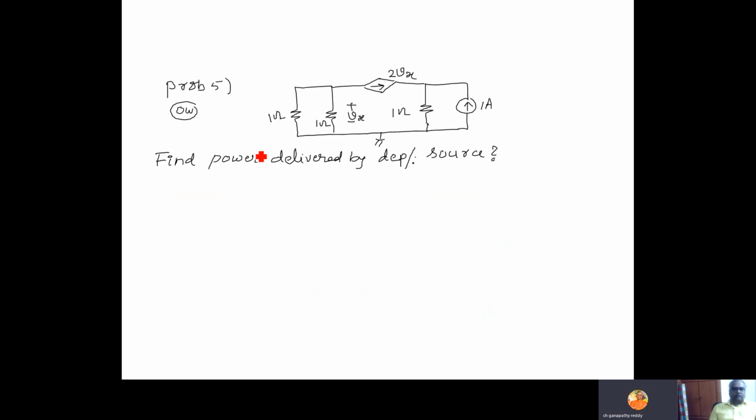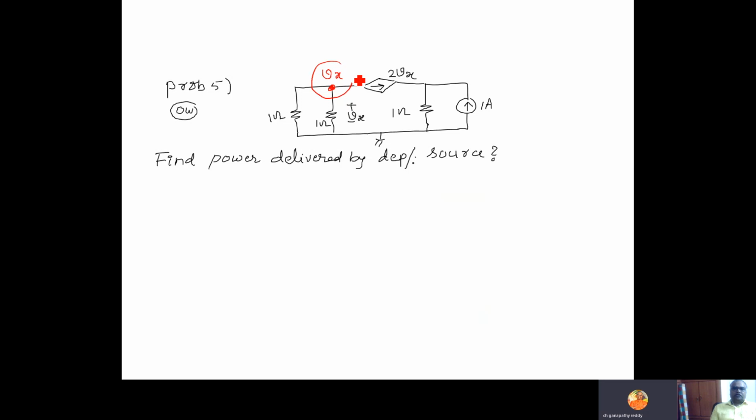Another question. Find the power delivered by the dependent source. So this is the dependent source. What kind? A voltage dependent current source. So this is Vx, already there. What is the voltage here? Vx.